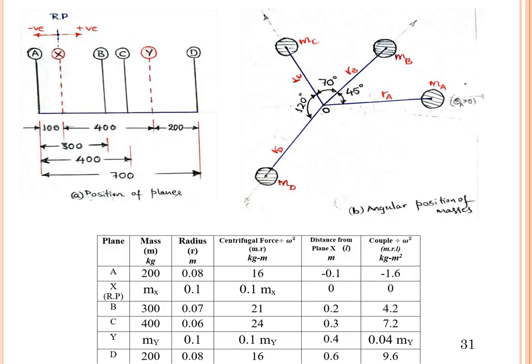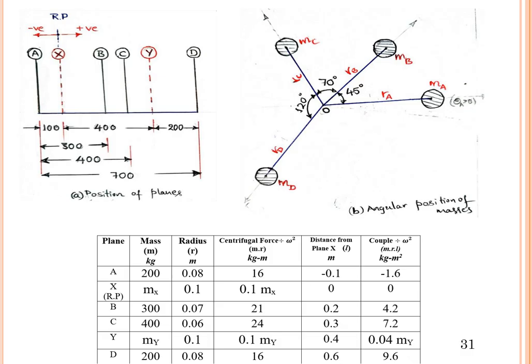X and Y are the two planes where he is going to place the balancing masses. Here X is taken as the reference plane, which is at a distance of 100 mm, and Y is at 400 mm. A to B is 300, A to C is 400, A to D is 700 mm distance. So MA to MB is 45 degrees, MB to MC is 70 degrees, MC to MD is 120 degrees.